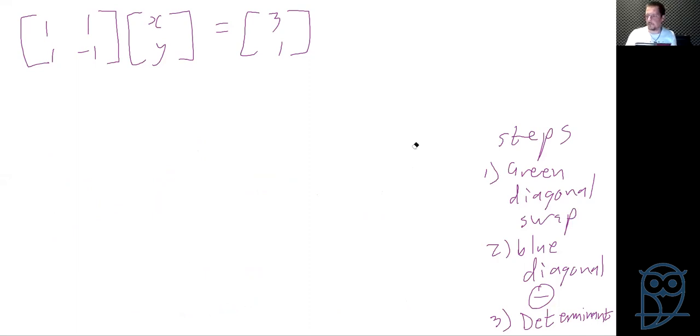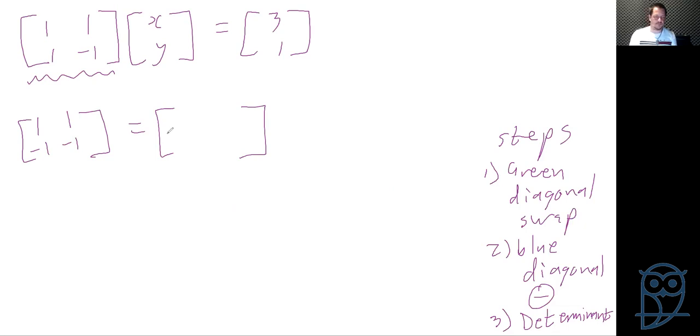So my matrix is this one here. So if I want to calculate my inverse of this matrix, I said I needed to swap my diagonal. So green. So I get -1 and 1.